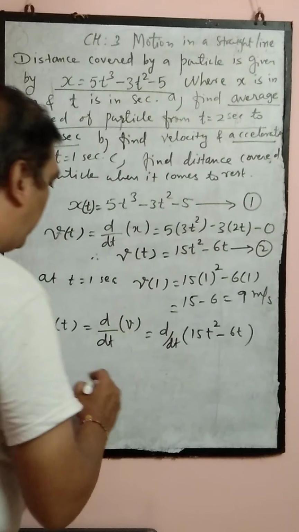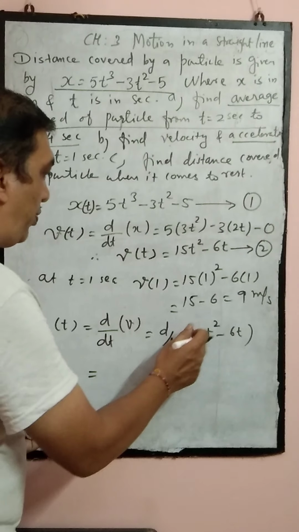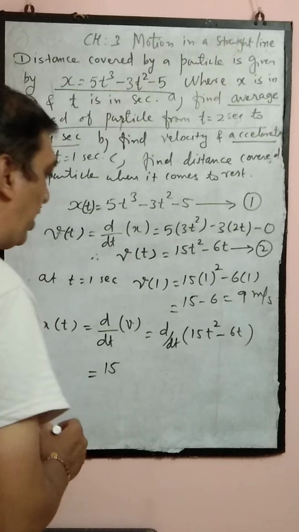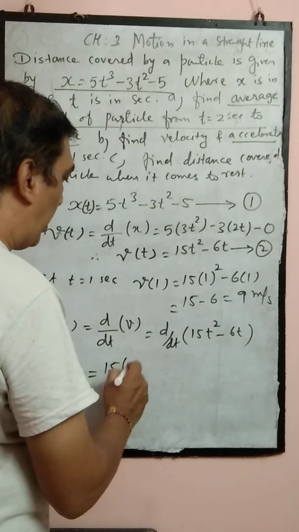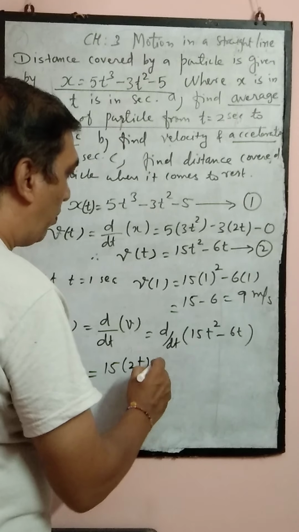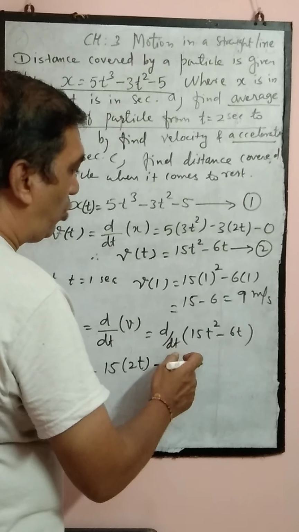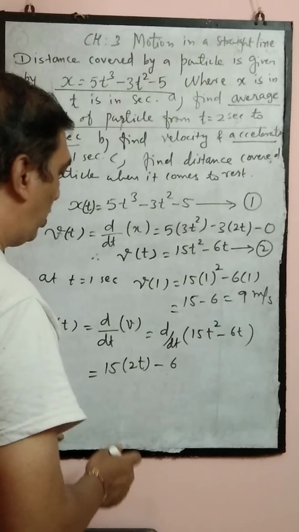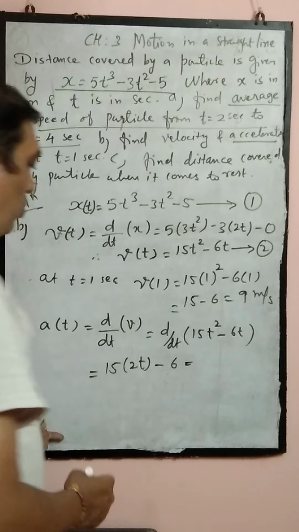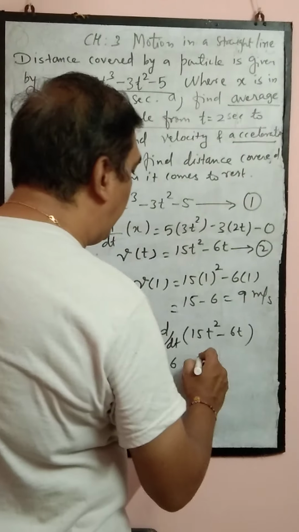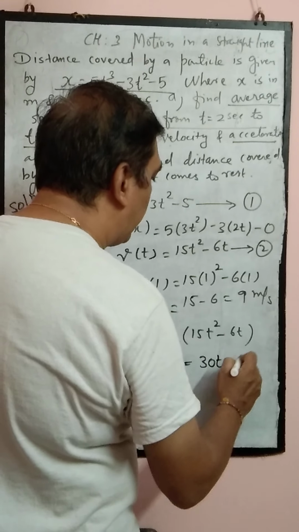So what will we get if we differentiate? 15, coefficient remains as it is, t square becomes 2t, minus 6t to the power 1, so 6 into 1, t raised to 0. So this is what we will get: 30t minus 6.